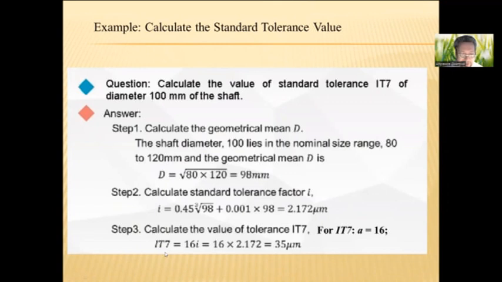So IT grade 7 is equal to 16 multiplied by I, and we have 16 multiplied by 2.172, and we have 35 micrometers. It's the value of standard tolerance IT7 for diameter 100 millimeters of the shaft.